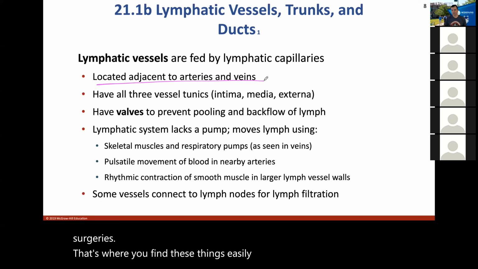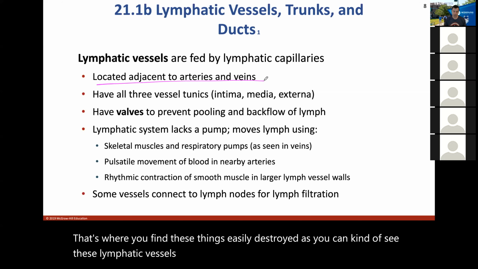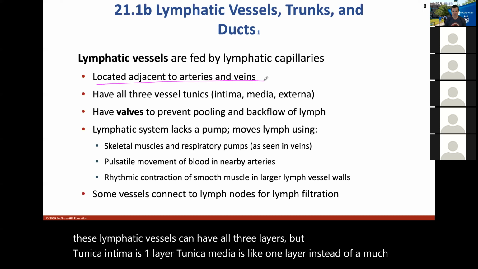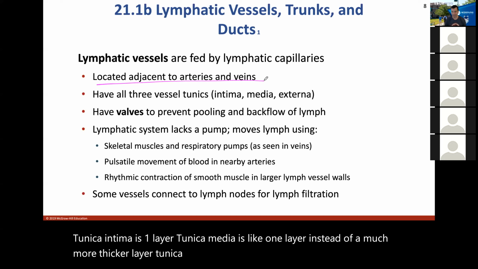Okay. As you can kind of see, these lymphatic vessels can have all three layers, but it's like tunica intima is one layer. Tunica media is like one layer instead of a much thicker layer. Tunica externa, it's not an extensive connective tissue structure. It's like one layer.